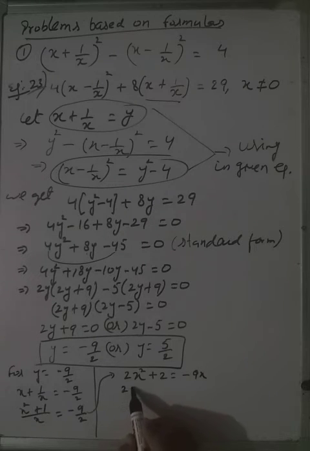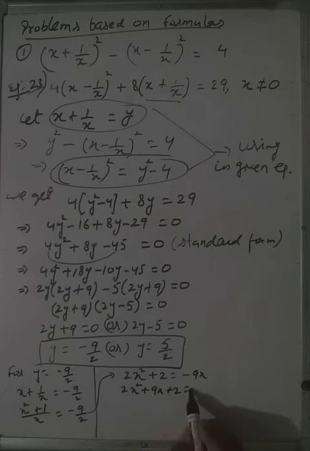So this gives 2x square plus 9x plus 2 is equal to 0. Now once again this is the standard form, but 2 2s are 4 and we are not having any two values such that their product is 4 and addition or subtraction is 9.